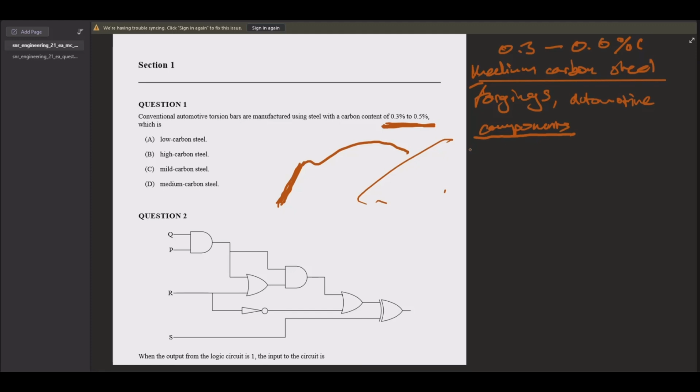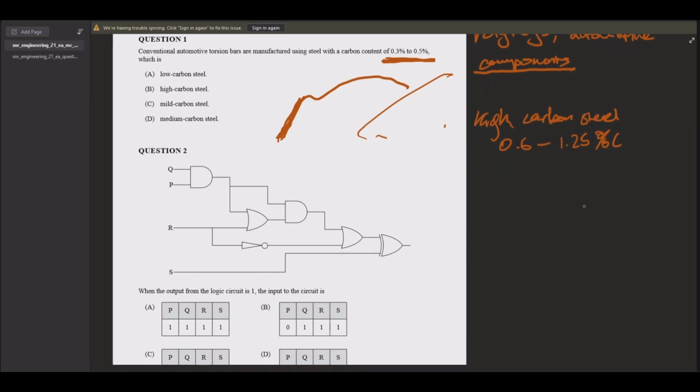Continue. The next thing we're going to look at is high carbon steel, and that is 0.6 to 1.25% carbon. And so this is going to be primarily used for things that we want to be hard and stiff, but also they need to be durable, and we don't want it to be so hard that it just fractures.